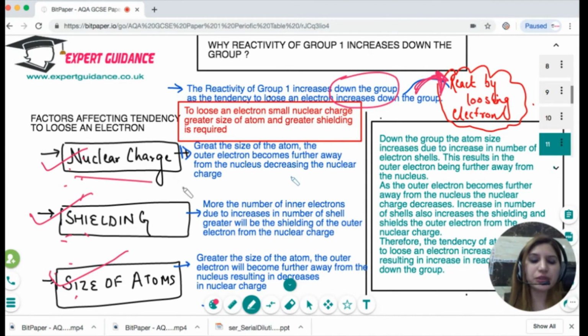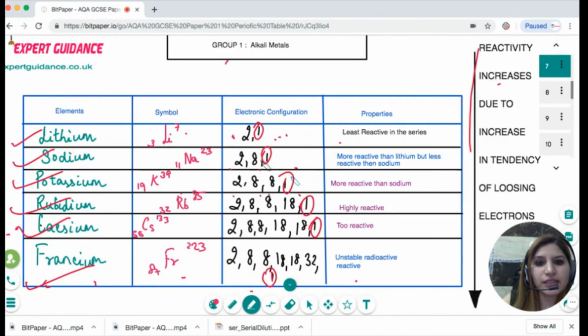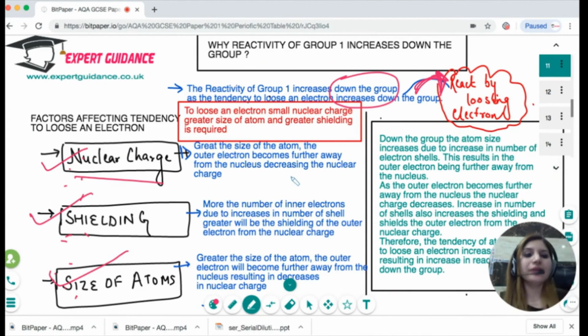First is the nuclear charge. If the nuclear attraction is smaller, the outer electron will be weakly held by the nucleus and can be lost easily. Once we go down the group, if you see the electronic configuration of the group 1 elements, can you see that the shells are increasing? So more electrons are being added, and the atom is getting bigger in size. As the atom gets bigger, the outer electron is further away from the nucleus, so the nuclear attraction decreases.